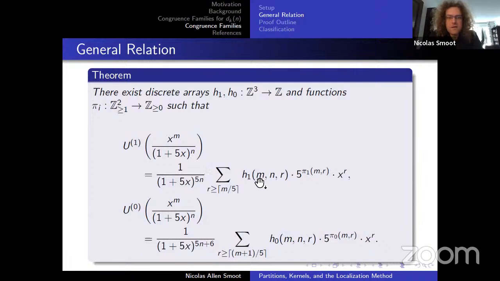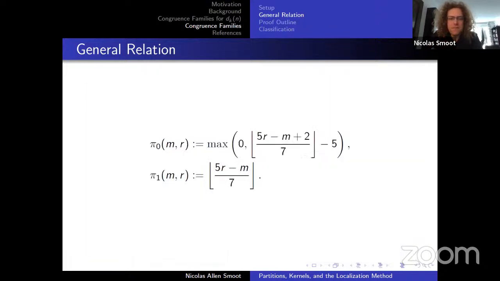H, again, is discrete, and it has finite support with respect to r. And I've got these functions pi1 that will give you non-negative integers. Okay. And I'll give you what pi1 and pi0 are, for example. You don't need to memorize these, obviously, but I just want to emphasize that they are specific values that we can find without too much difficulty.